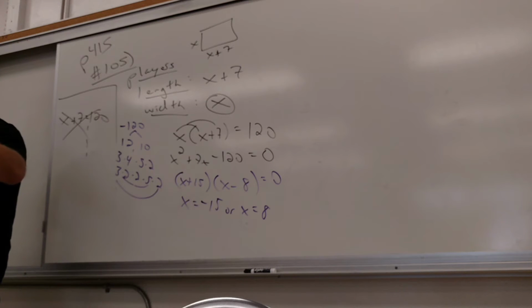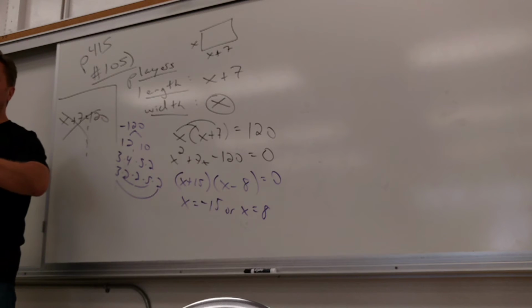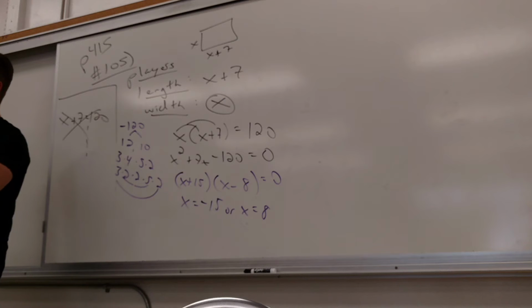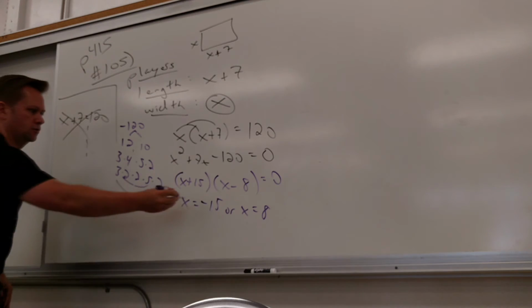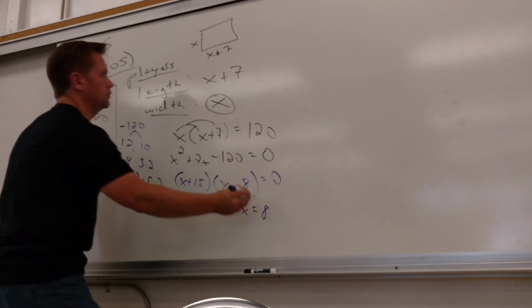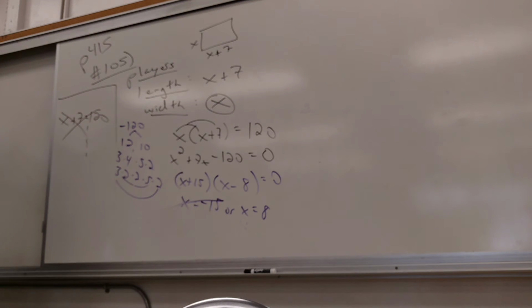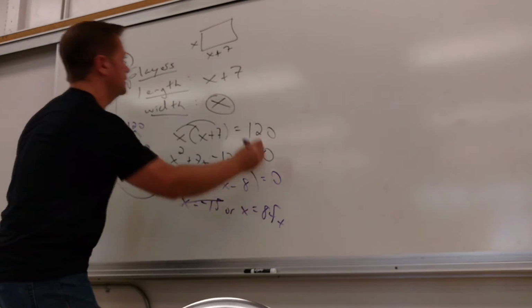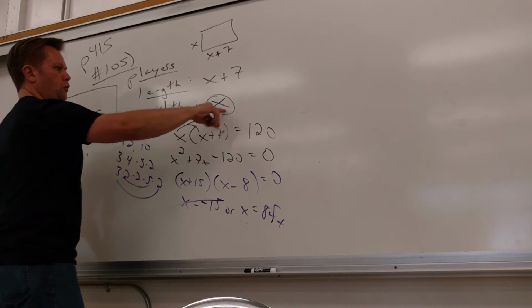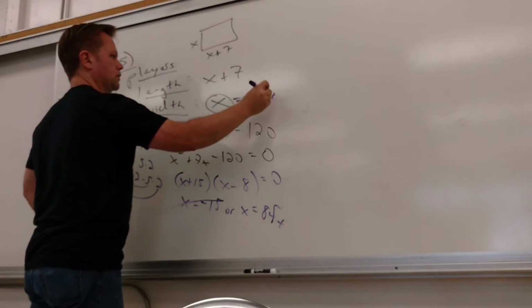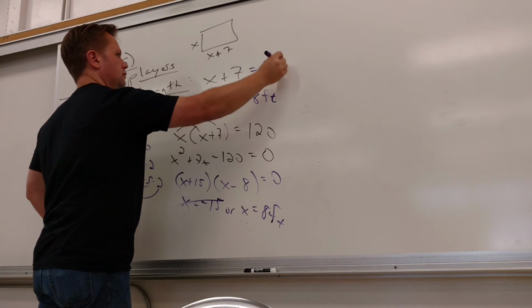What material is that? Black hole material. Don't get too close. No. Throw that out. So x is 8. What's the unit? Feet. So that is the width. What's the length then? 15.